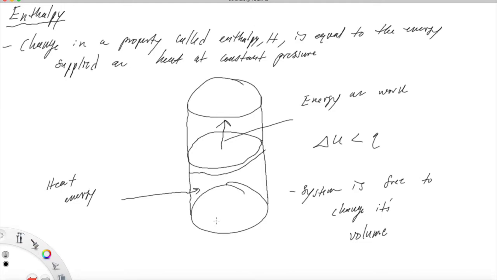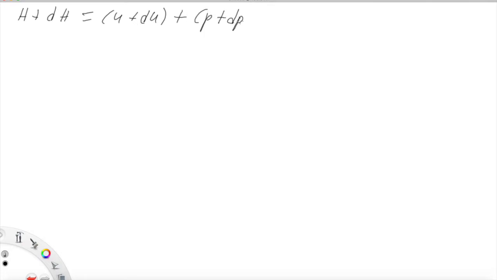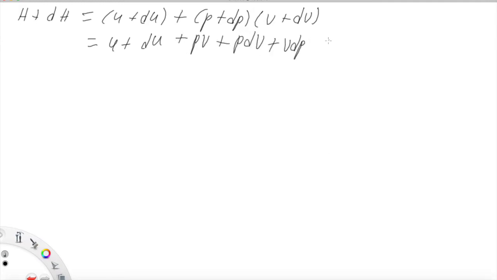Okay, so we can start by saying if we have H, which is enthalpy, and then we add some infinitesimal amount dH, then we end up with H plus dH equal to U plus dU plus PV plus PdV plus VdP plus the two infinitesimals dP multiplied by dV, which is just zero because we're multiplying together two infinitesimals. And we also know the definition of enthalpy: H is equal to U plus PV.